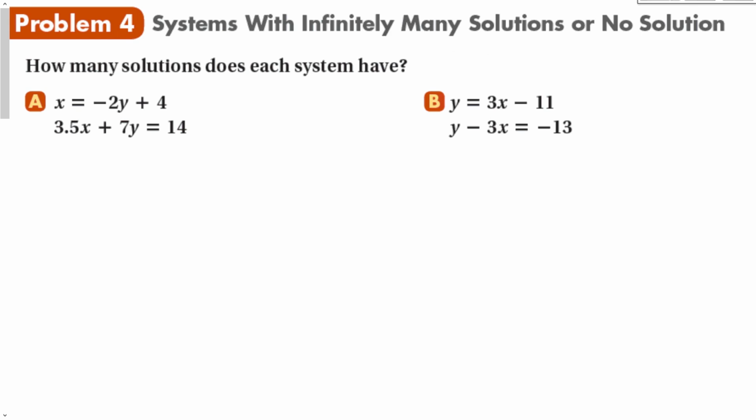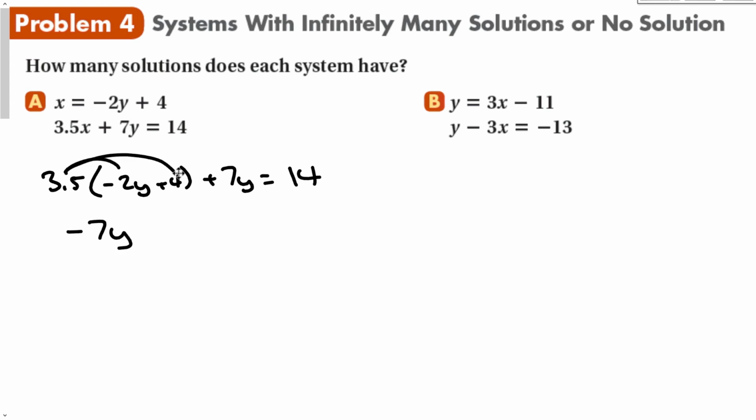So x is equal to negative 2y plus 4. So we can have 3.5 times whatever x is equal to, plus 7y is equal to 14. Okay? Distribute, gives me negative 7y. 3.5 times 4 is 14, plus 7y is equal to 14.